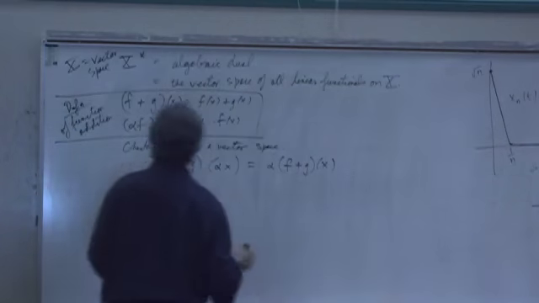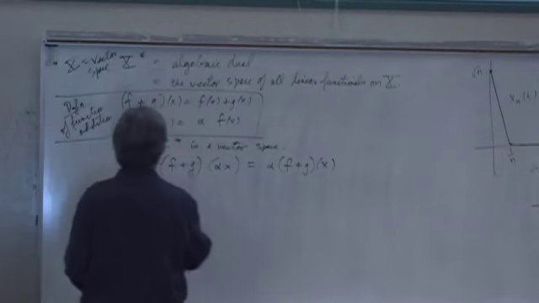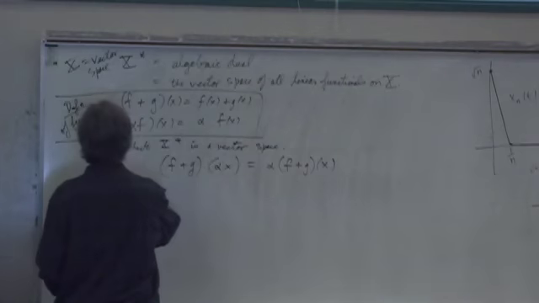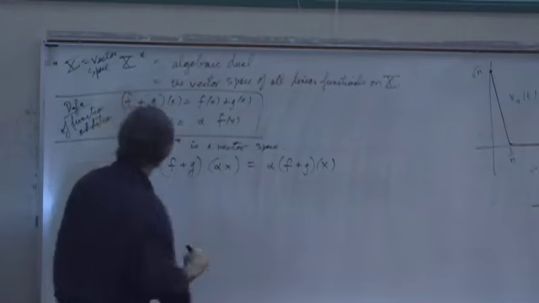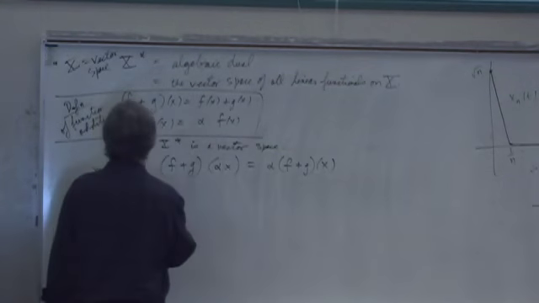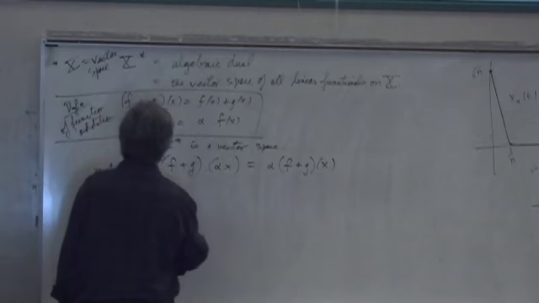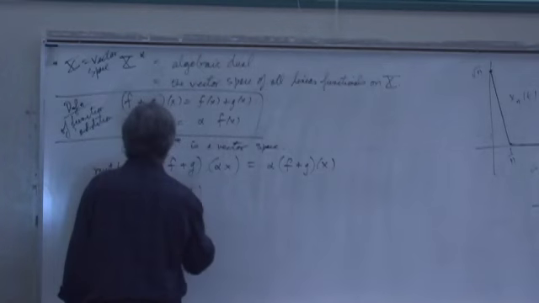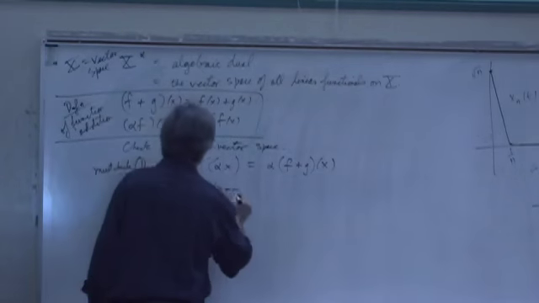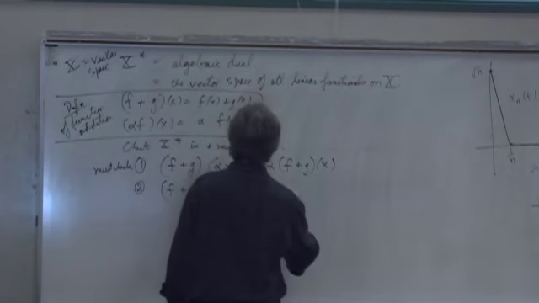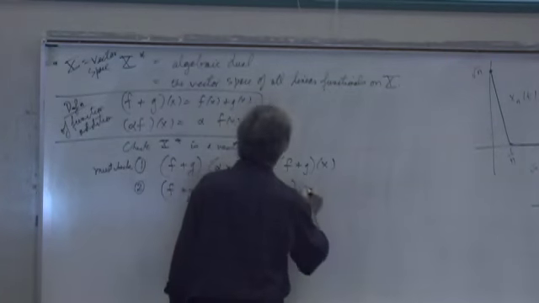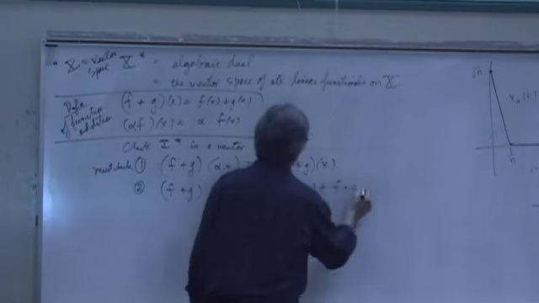Okay, you must check, one, that f plus g respects scaling. And two, that f plus g at x plus y is equal to f plus g at x plus f plus g at y.